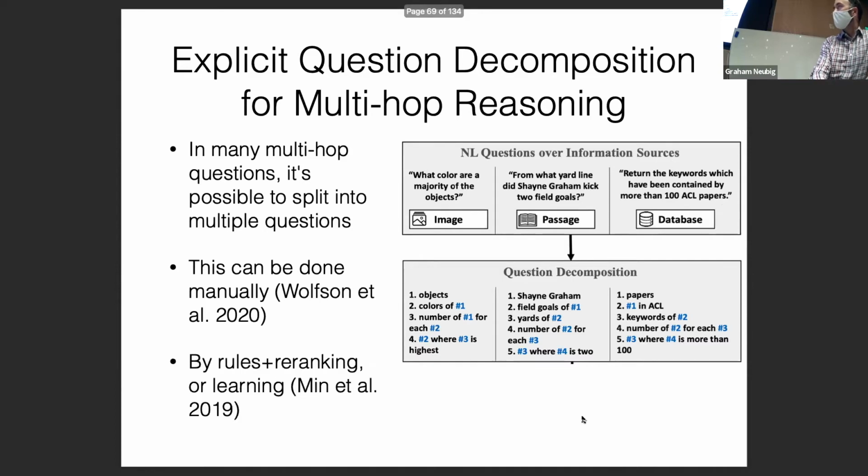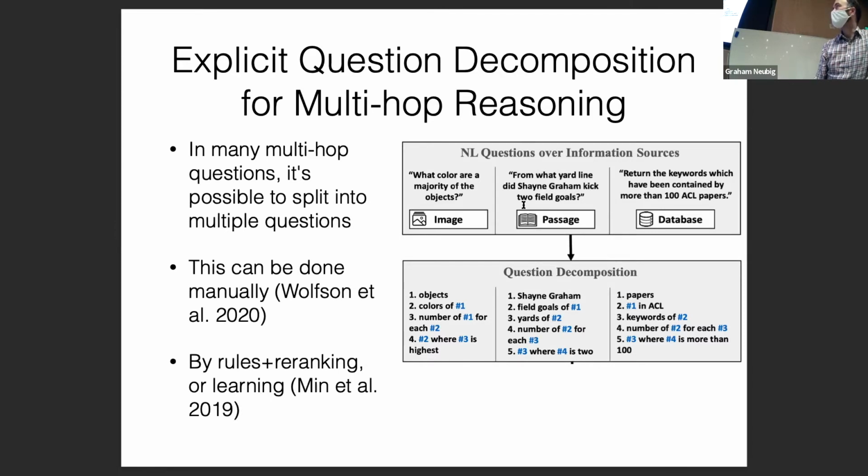A slightly more intuitive way of doing it is you might just split the questions into 2 textual questions. And this could be done, for example, by a human annotator or even by rules, syntactic rules or something like this.